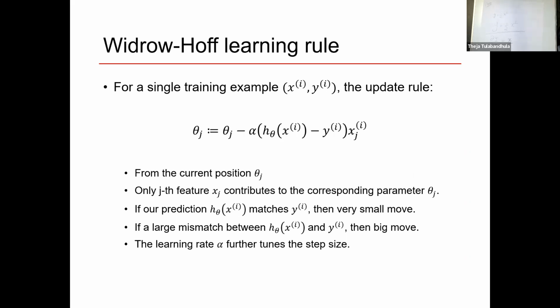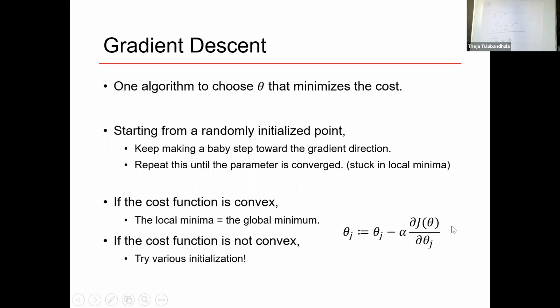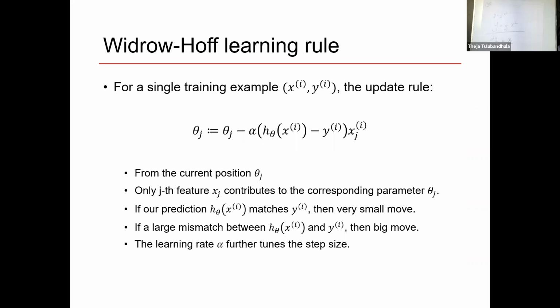Just an aside: this particular expression, this update rule, which is written here for the jth coordinate of the input, is also called the Widrow-Hoff learning rule. It focuses on a single training example: if you want to update theta j, take one example, and use exactly the gradient that we derived earlier.